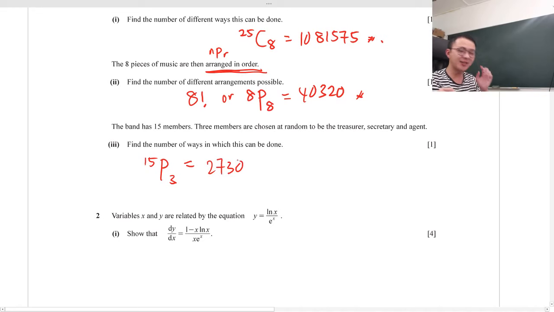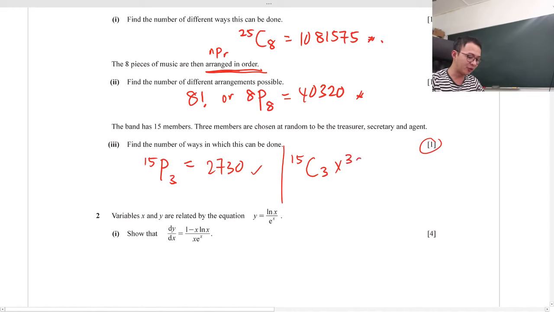Just in case some students might not understand how you can just do 15P3 instead of doing it separately: actually, you can use another method, but because it's just 1 mark, I will go straight to it. But if you want to do it another way, I will show you. I have 15 members and I choose 3 of them.